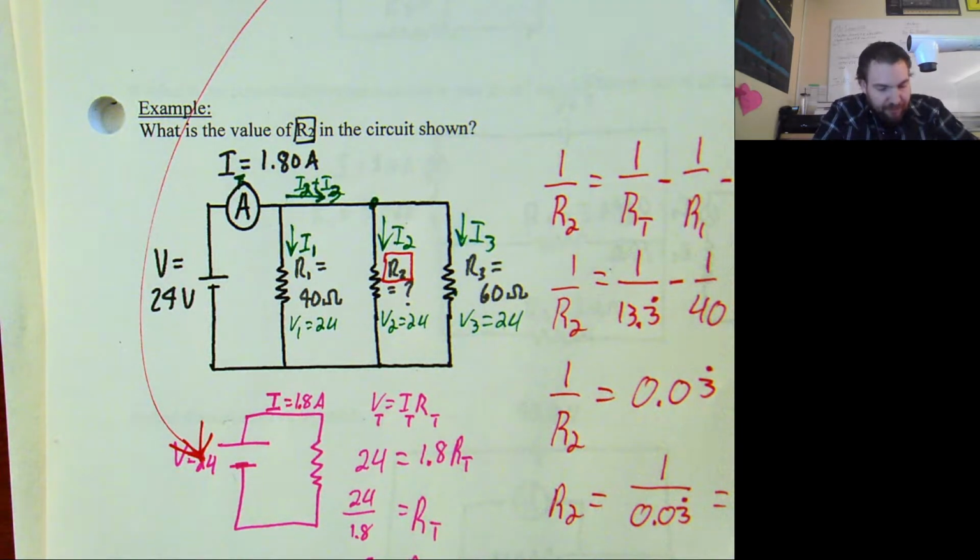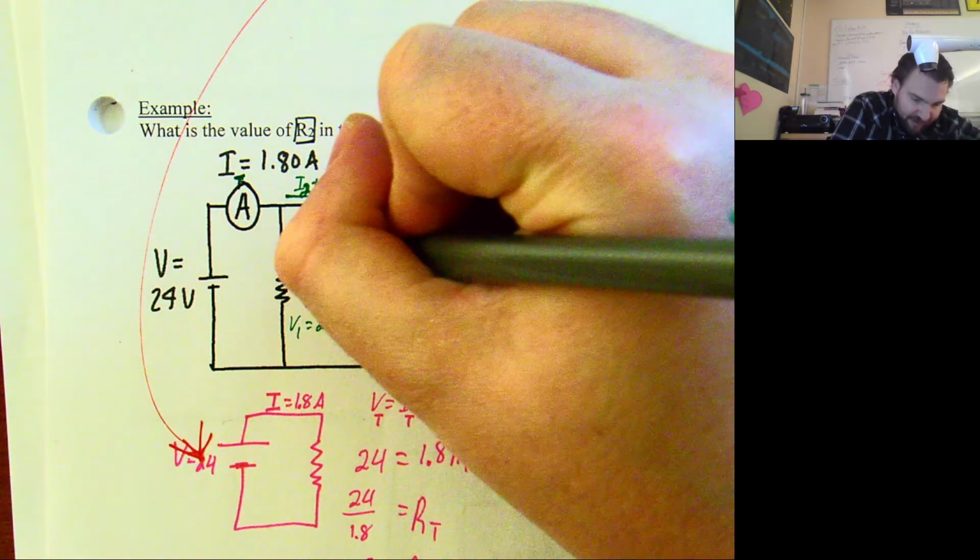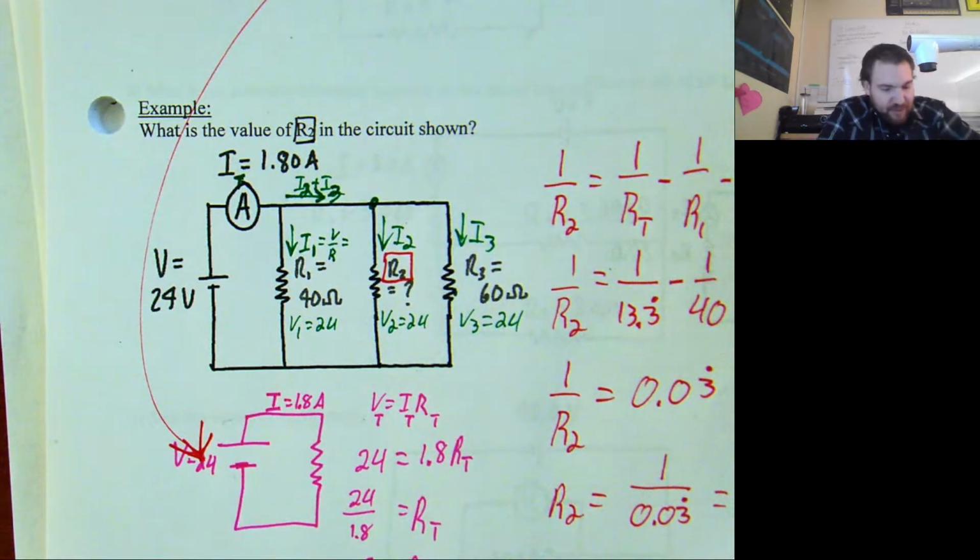So now how do I go through and find I? We're going to use V equals IR, except it's going to be I equals V over R. I equals V over R. So what's the current going down I1?